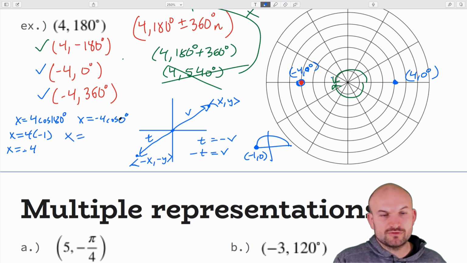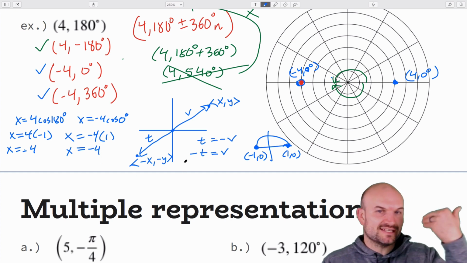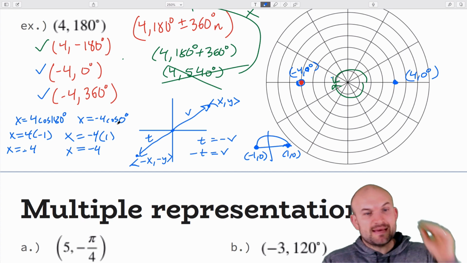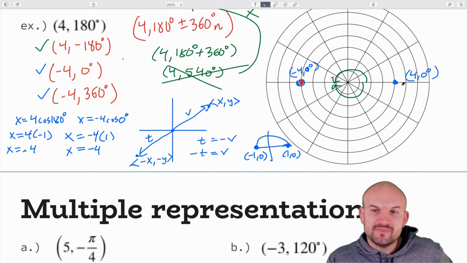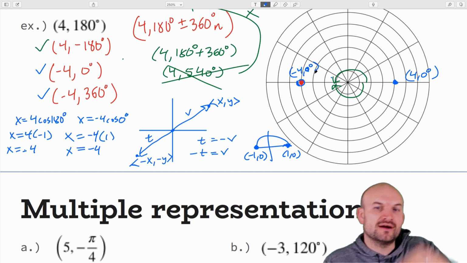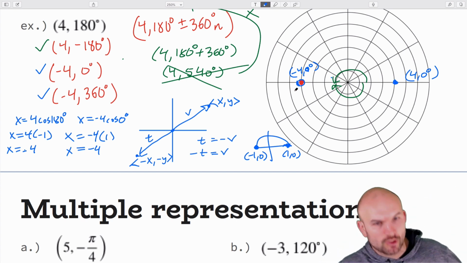So if I do negative 4, 0 degrees, I'm going to have negative 4 times cosine of 0, which is over here, which is 1 comma 0. So therefore, that's going to give me x equals negative 4. And the same thing is going to work because, again, when you're multiplying this negative 4, because that's the r, you're multiplying that by cosine of theta and by sine. The cosine and the sine are both going to be positive, but when you multiply by a negative 4, you can see why that's reflecting about the origin.